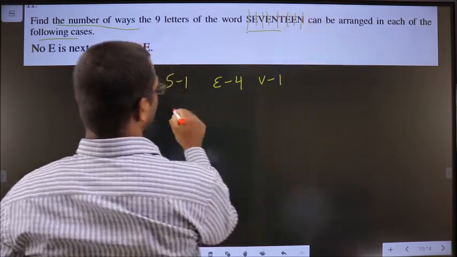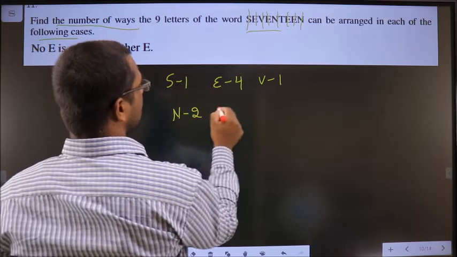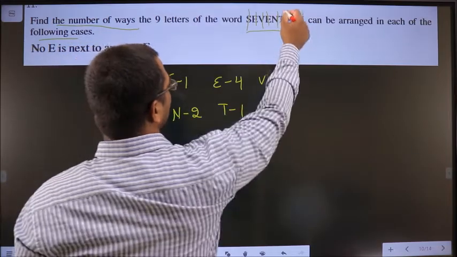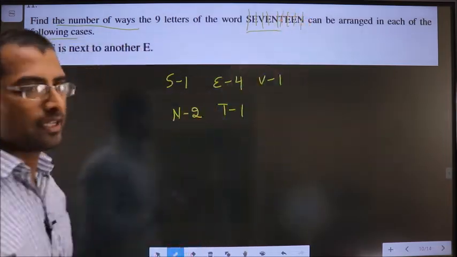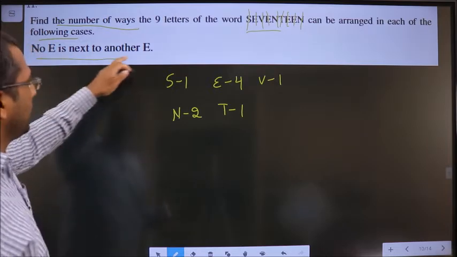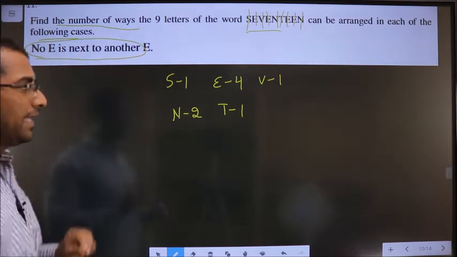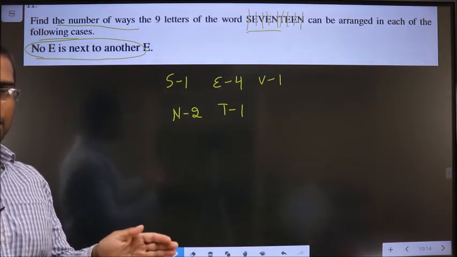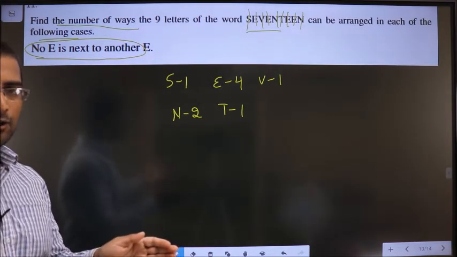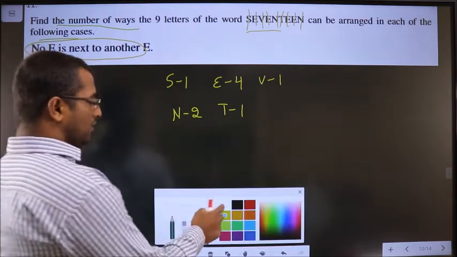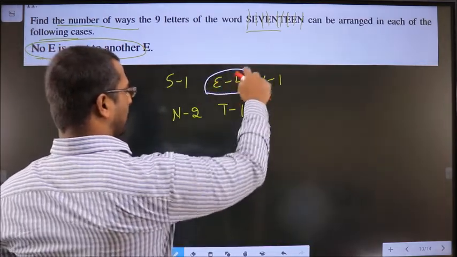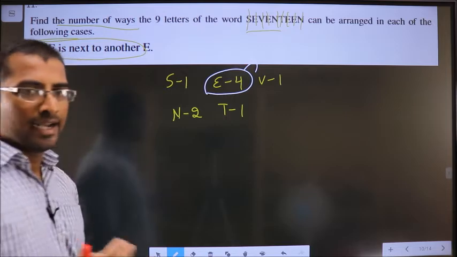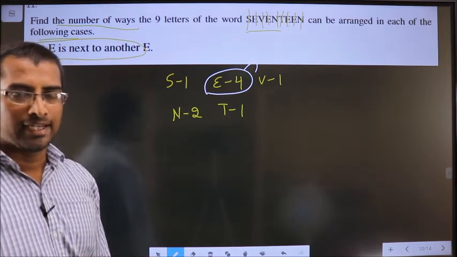N is present twice. T is present once. Okay. No E is next to another E. I should make sure that no E is present beside another E. For that to happen, I should leave the E's separate and arrange the remaining letters.